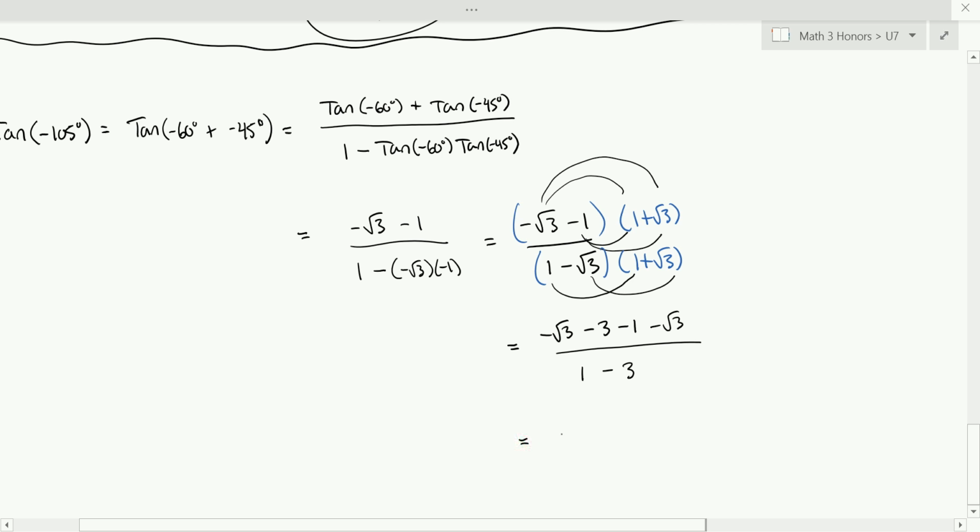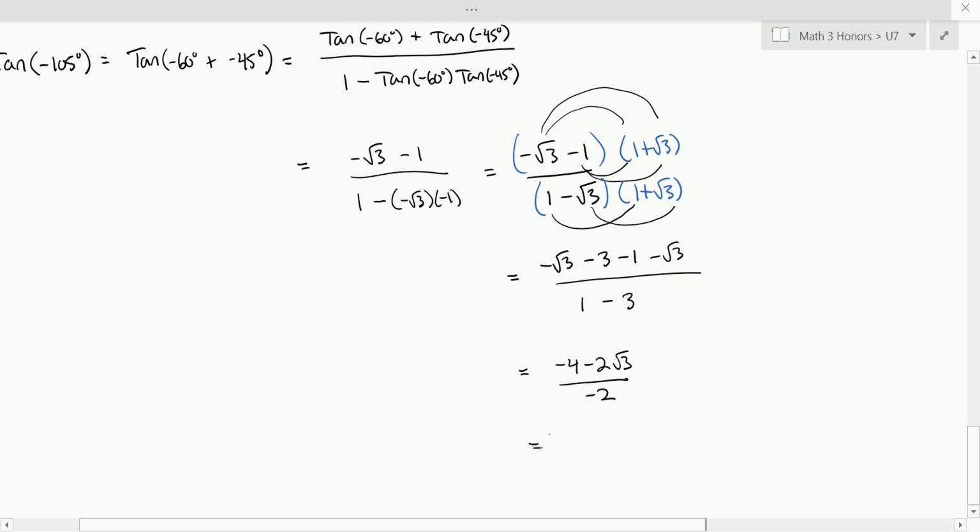And I get negative 4 minus 2 root 3 over negative 2. Negative 4 divided by negative 2 is positive 2. Negative 2 divided by negative 2 is positive 1. Root 3. Positive 2 plus root 3. Okay. Question? Oh, good.